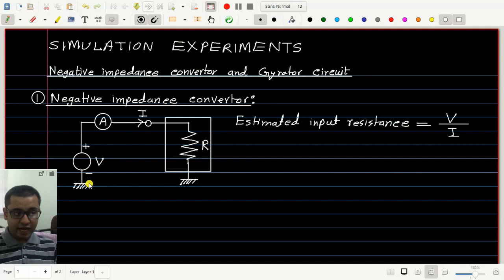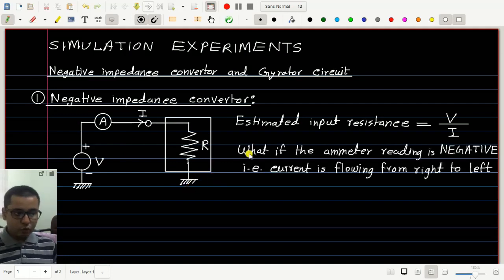Make sure that when you have applied positive voltage here, you are measuring the current in the direction from left to right. And this ratio V by I is this resistance, which we will call the input resistance of this terminal. That is the resistance between this terminal and the common ground.